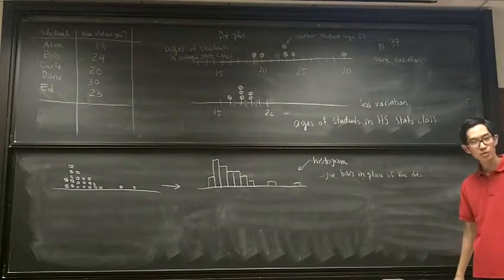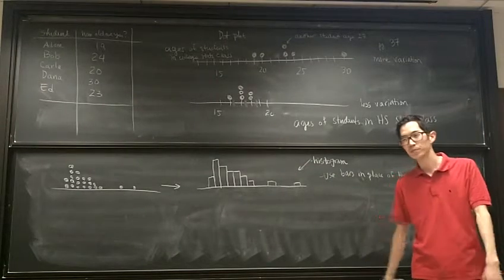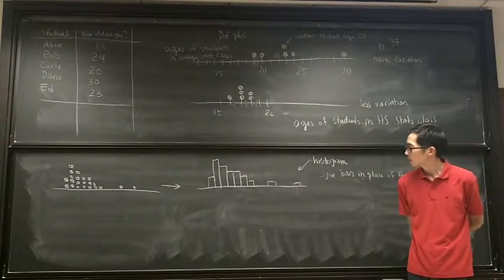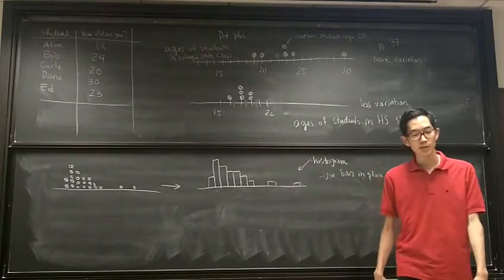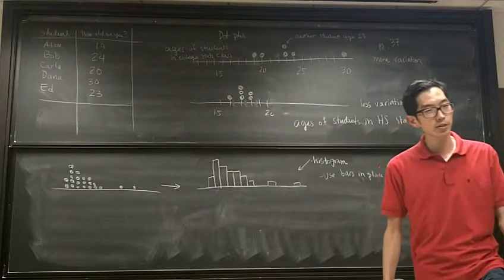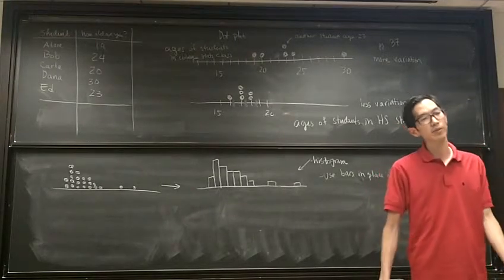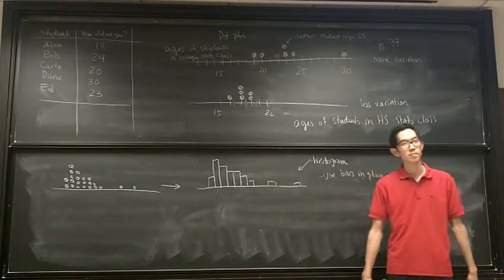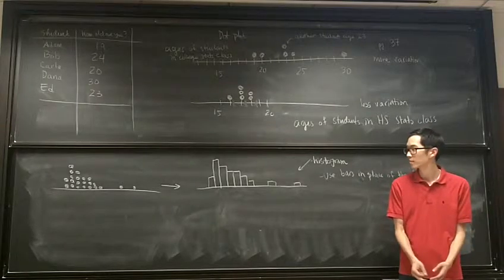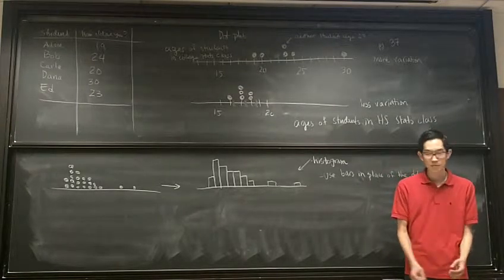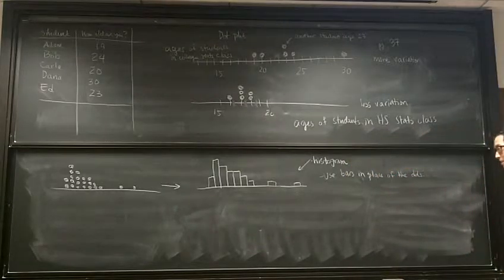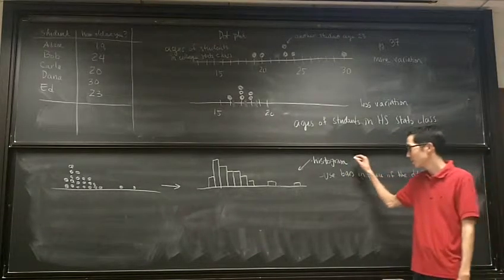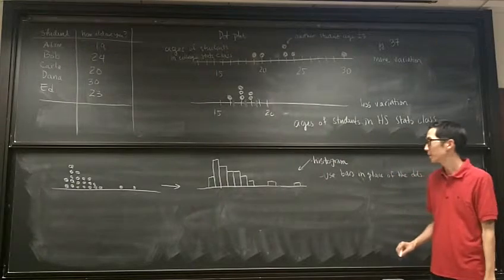All right, so just a quick understanding check. Do we use histograms for numeric data, categorical data, or both, or what? This is for numeric data only.